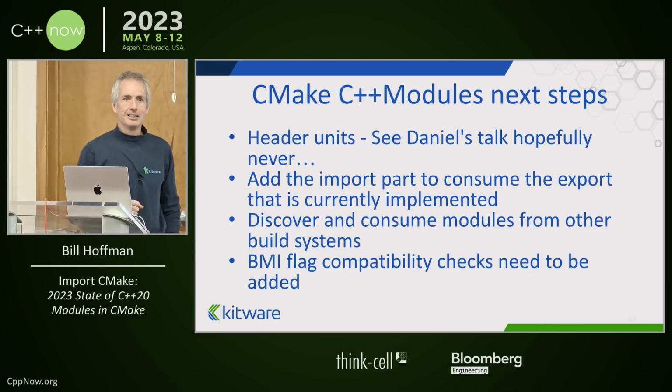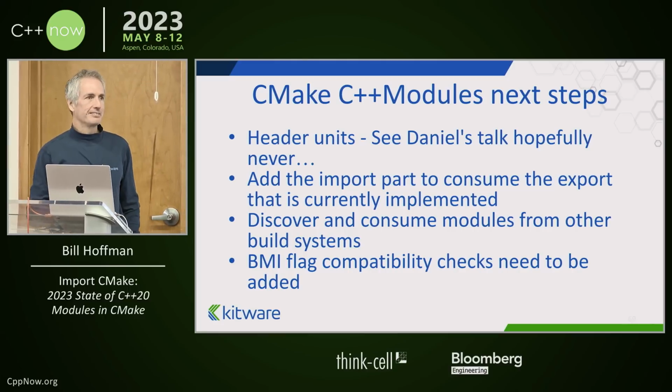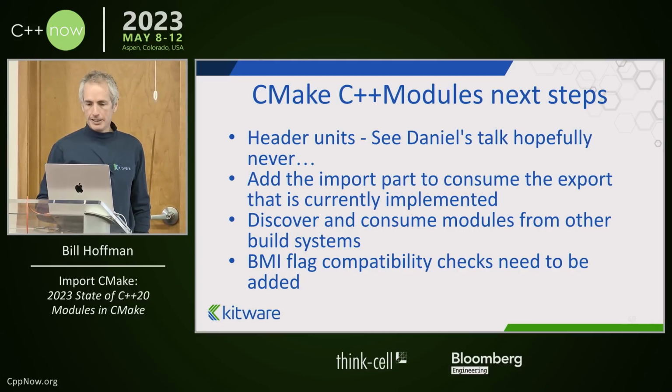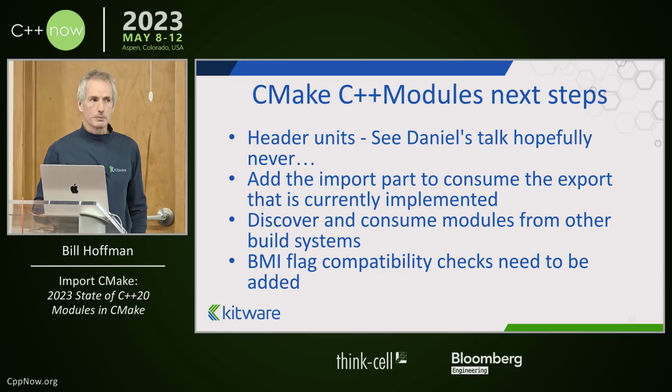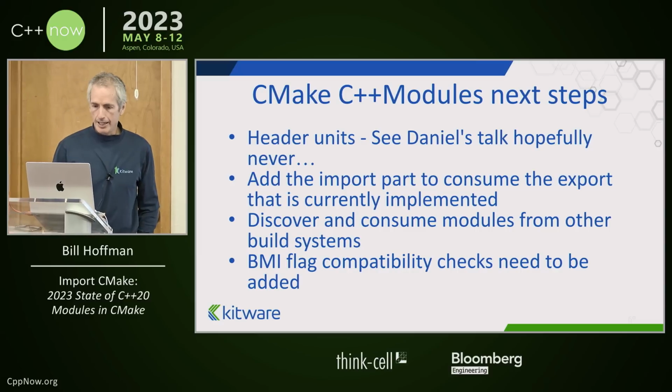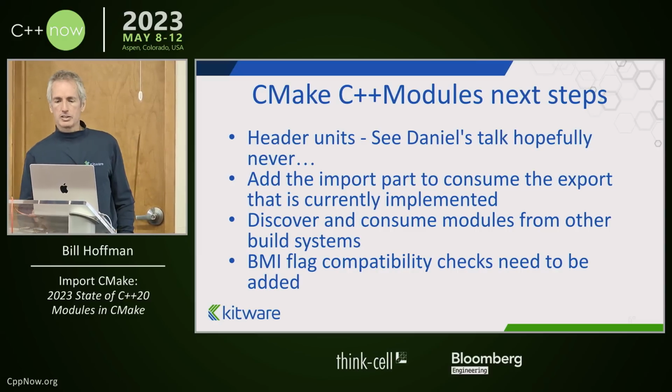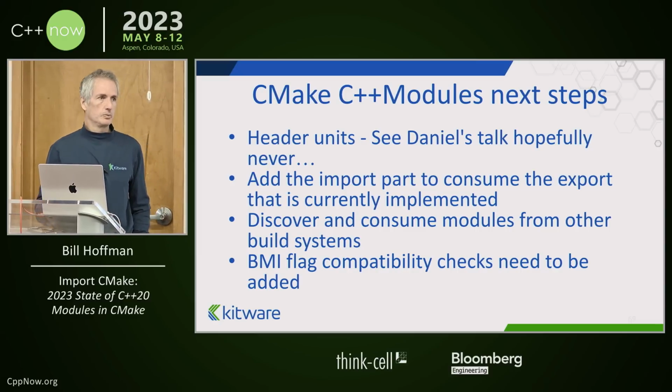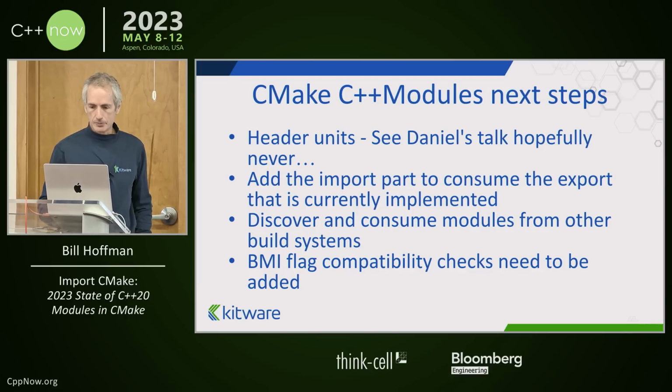It would just ignore the BMI stuff. So that's something we need to work on, and we should be working on in the next 6 months. I agree with Daniel that, by the end of this year, we should be production ready for doing named modules in CMake, and adding the ability to discover and consume modules from other build systems or other packaging systems.